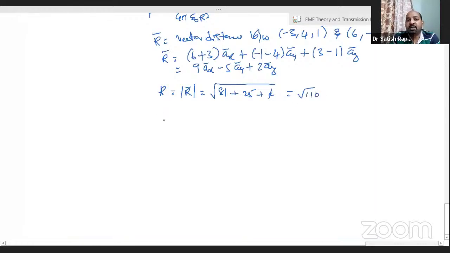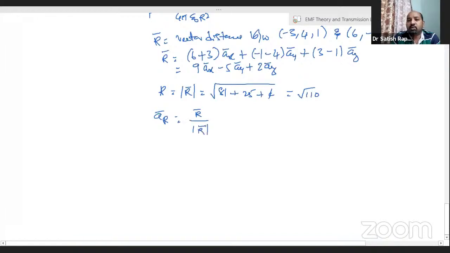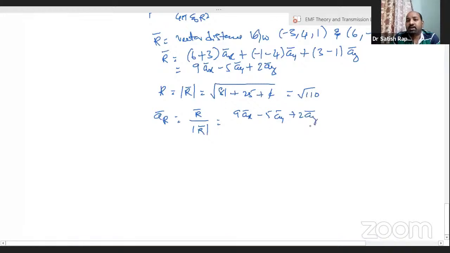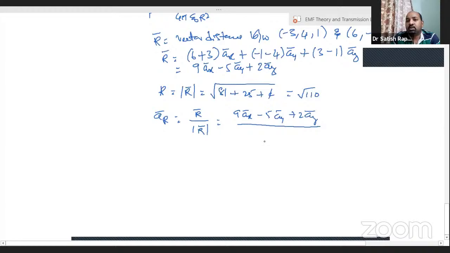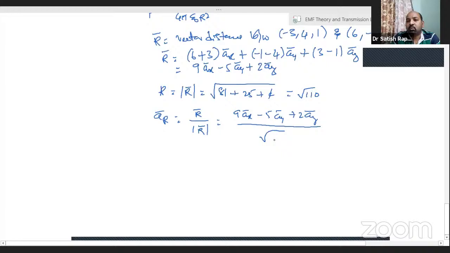Similarly, a_R bar is equal to R bar by mod R bar, which is (9 a_x bar minus 5 a_y bar plus 2 a_z bar) divided by root over 110.